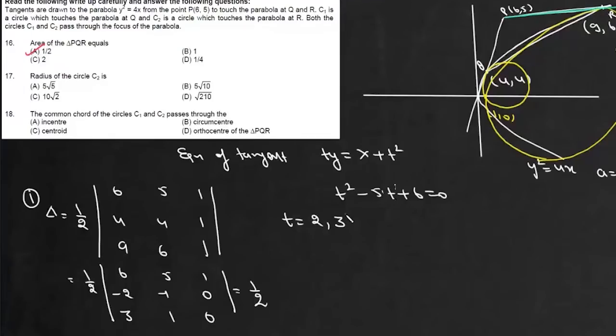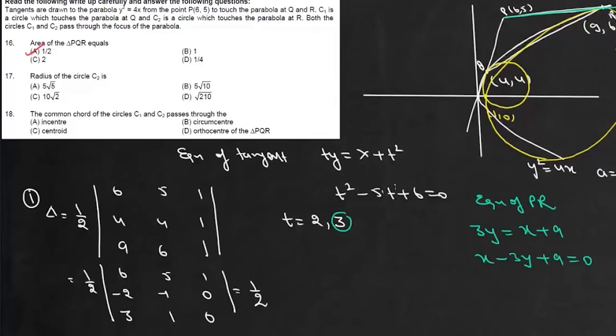For our value of t as 3, if we put 3 here, we'll get the equation of PR as 3y equals x plus 9, or this equation is x minus 3y plus 9 equals 0.